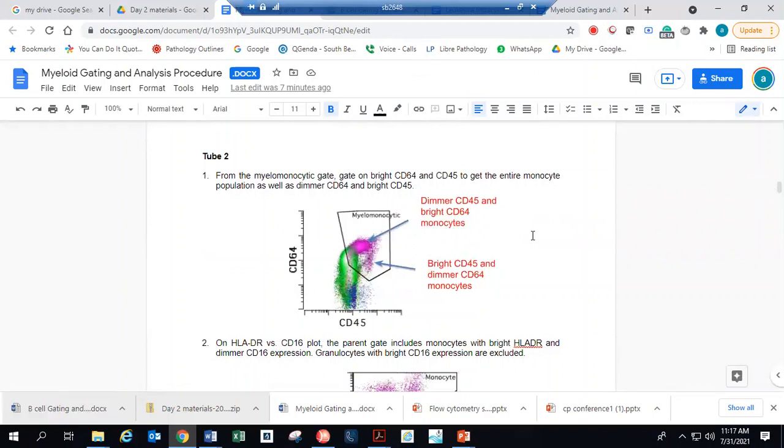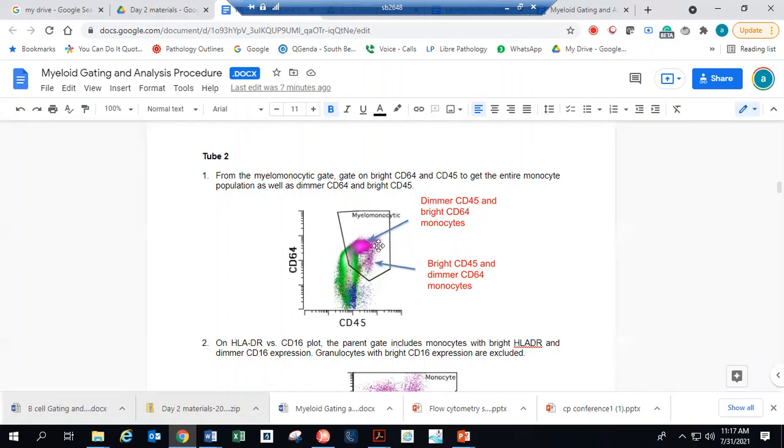They are saying over here to gate on CD64 bright and CD45 bright to get the entire population. So basically they are gating on this entire population, and also on the dim CD64 and bright CD45.